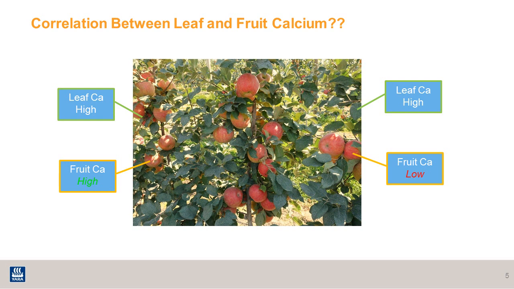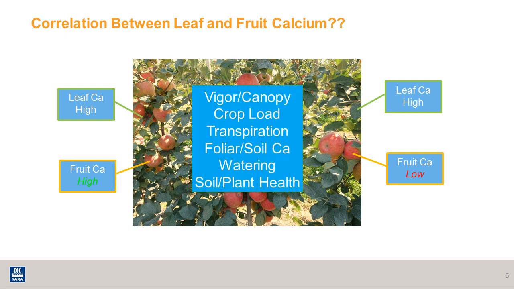So if you're interested to see what your fruit calcium is doing, I would take fruit samples and send them to the lab to be analyzed for mineral content of the fruit, and pay less attention to the tissue calcium levels in your apple leaves. Now, for the rest of my presentation, I'll be talking about some of the management practices that can influence the calcium in your fruit.